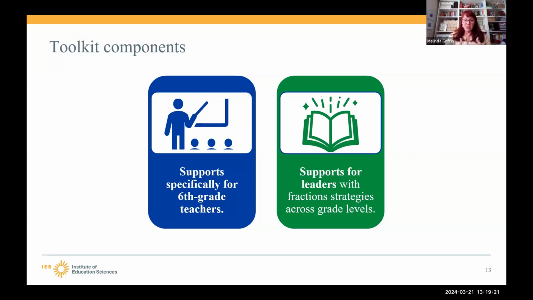Our thought being grade 6 is where we make that transition from fractions to ratios, rates, and proportions. So that's a good place to do some solidification of fraction understanding. There's also leader supports included in here as well, which addresses fraction strategies across grade levels, since administrators focus on more than one grade level.